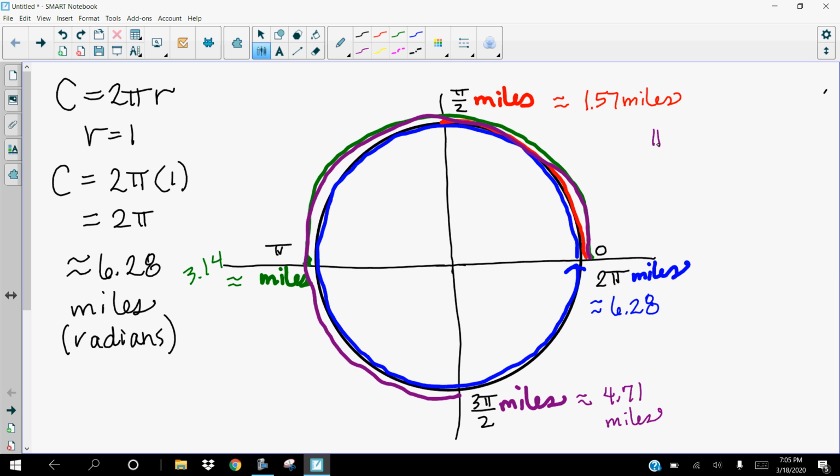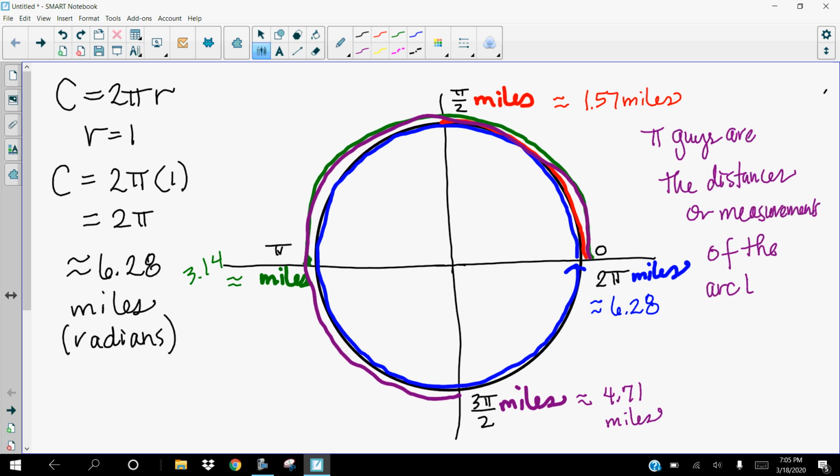The pi guys, I don't know what happened to my black, but whatever, are the distances or measurements of the arc lengths. Okay, so you got to know the miles, how to walk that many miles.